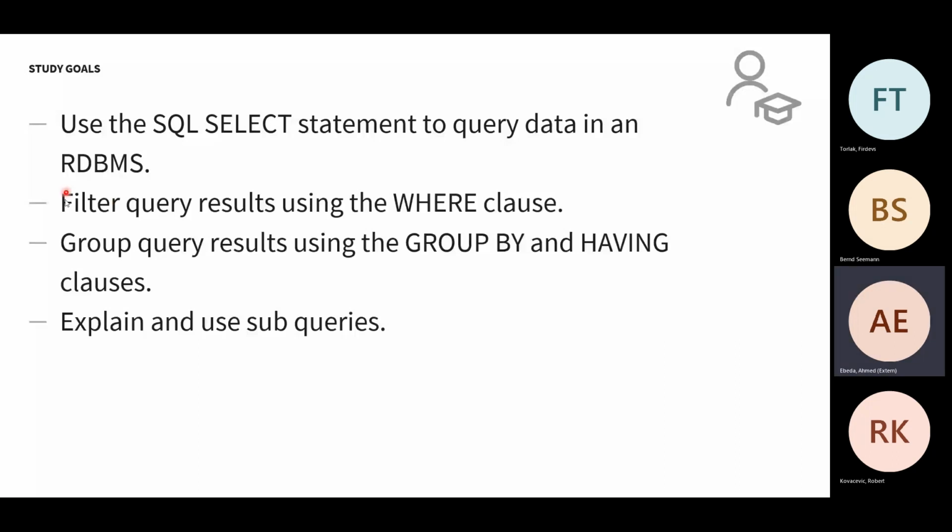Therefore, we need to filter query results using the WHERE clause. We will also go through the WHERE clause today and how we use it. Group query results using the GROUP BY and HAVING clauses, and explain and use subqueries.